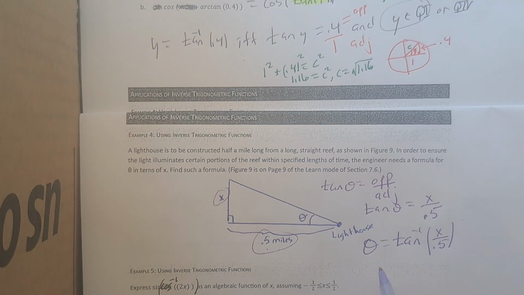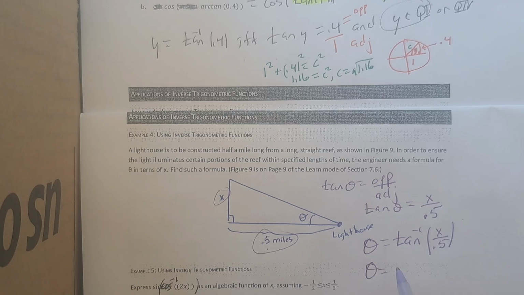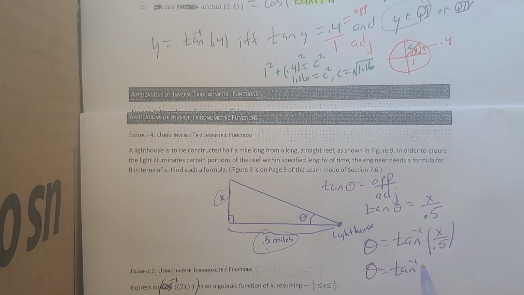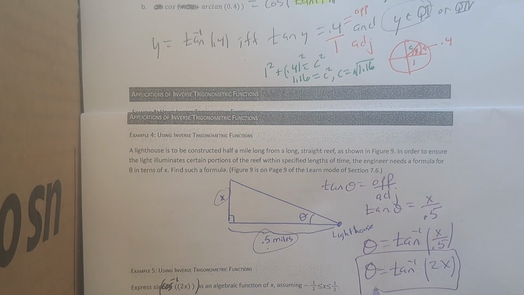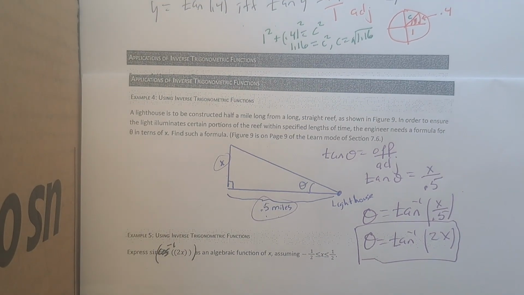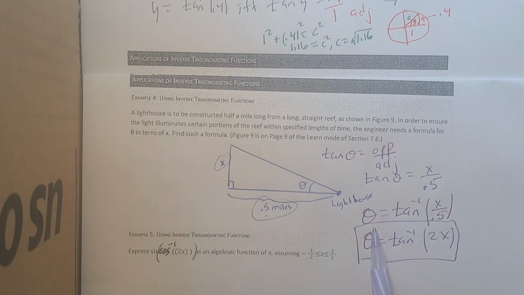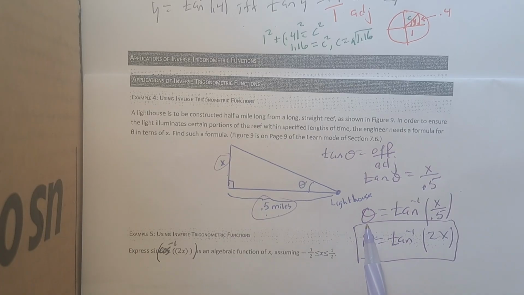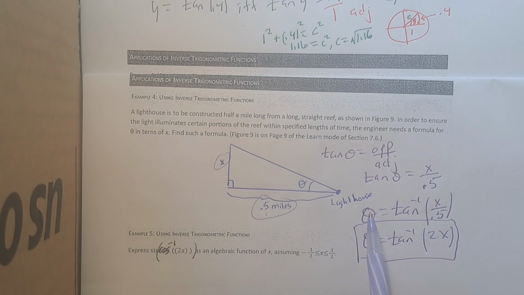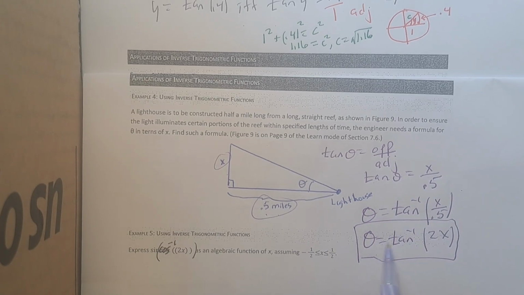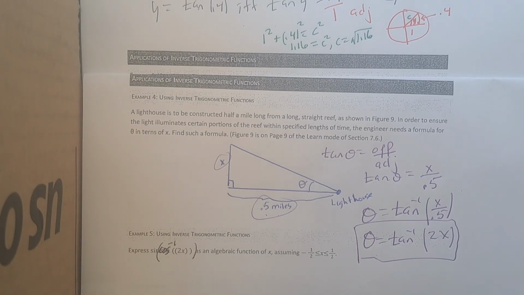Also, dividing by 0.5 is the same thing as multiplying by 2, so you could write this as 2x. We already did problems like this before, except we didn't keep going until we got the angle. We just wrote our answer this way, but now that we have inverse trig functions, we'll just do the one extra step, and that's taking the inverse trig function to get to the angle itself.